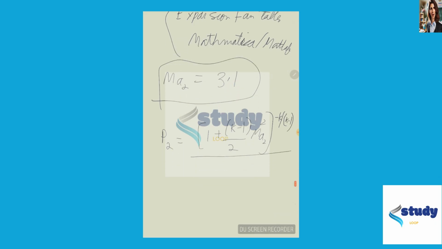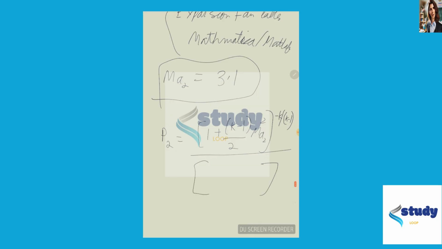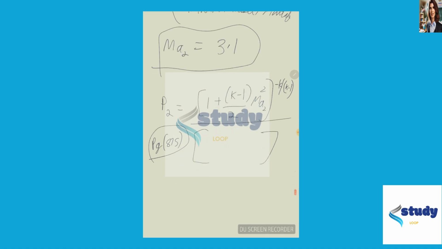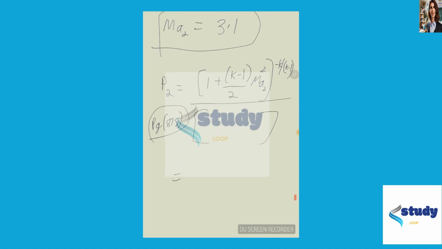I won't write the whole equation down, you can take it from that example from page number 875 of the book. If you solve this, you get the pressure value to be equal to 23.8 kilopascals.